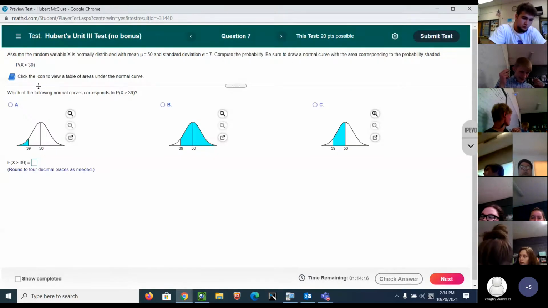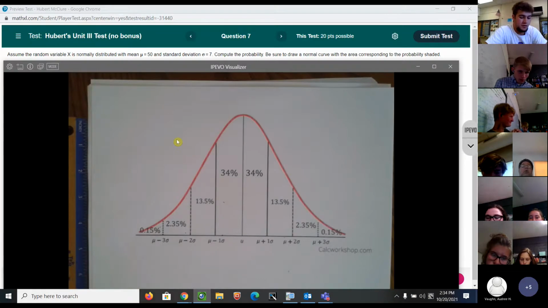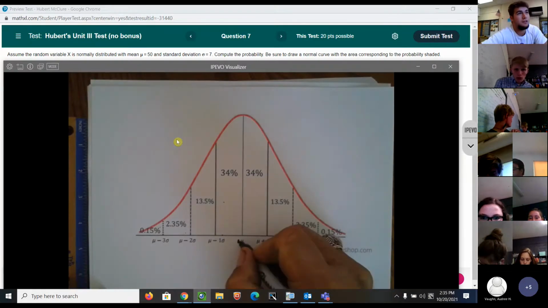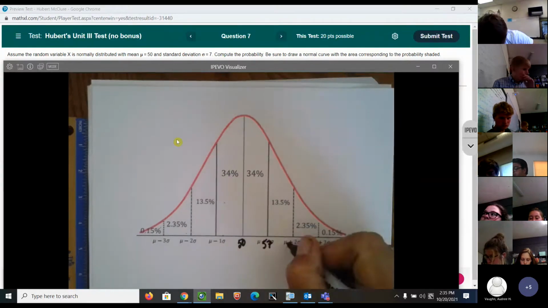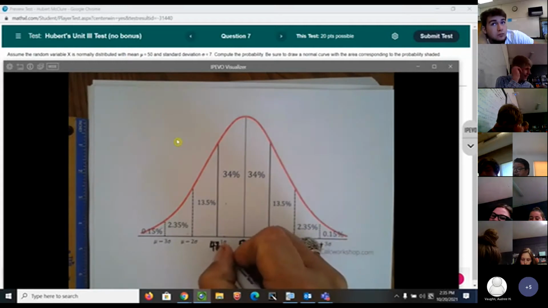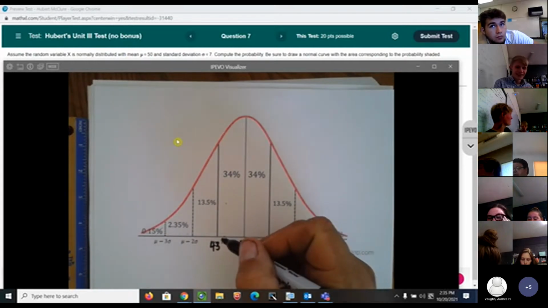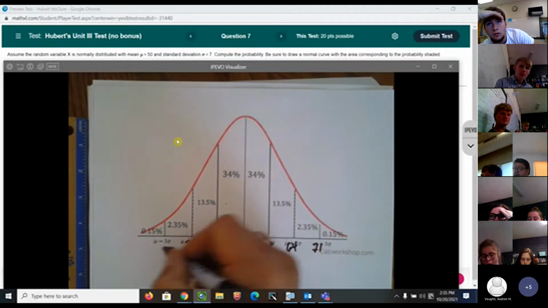Give me the probability that you are going to get a test score above 39. So that's our handy dandy curve. We got a 50 and a 7, so that's going to be 57, 64, 71, 43. 43 minus 7 is 36 and 29.